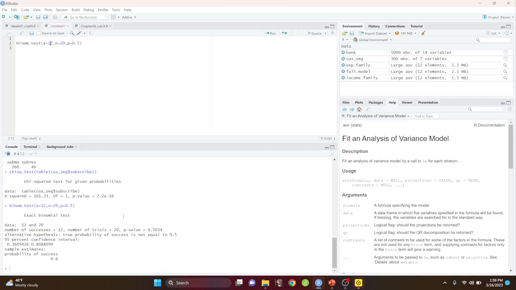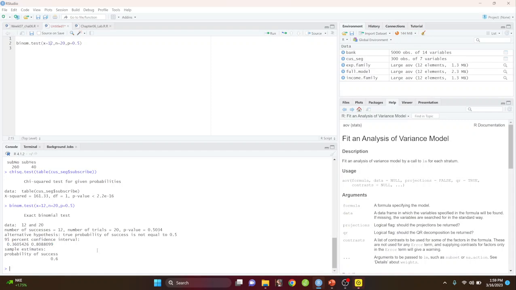The other technique to prove the same argument is the confidence interval. Now you will see the 95% confidence interval here is between 0.360 and 0.808, so the probability of success rate actually falls within these two confidence interval range.